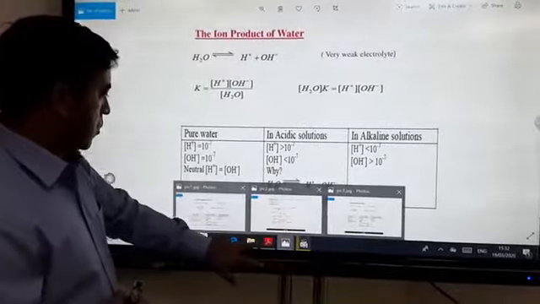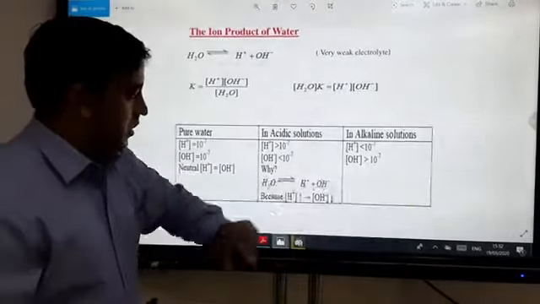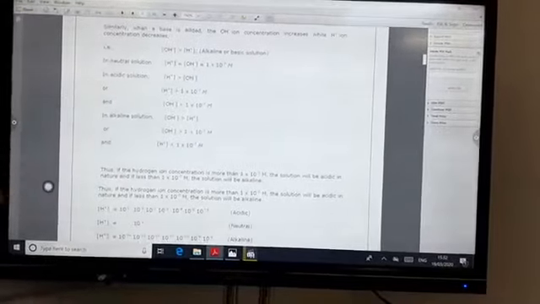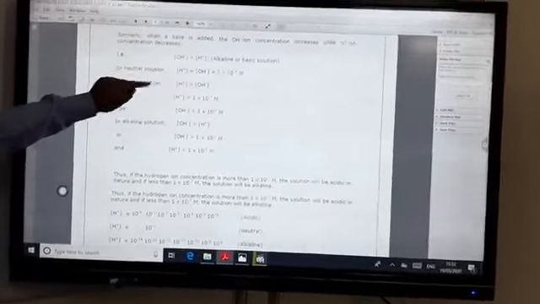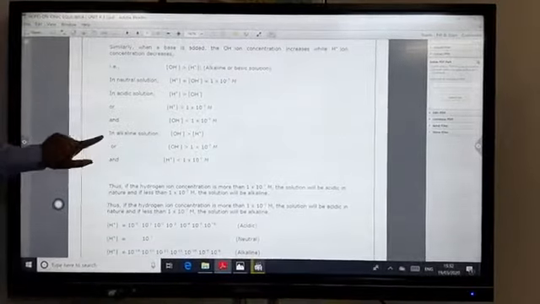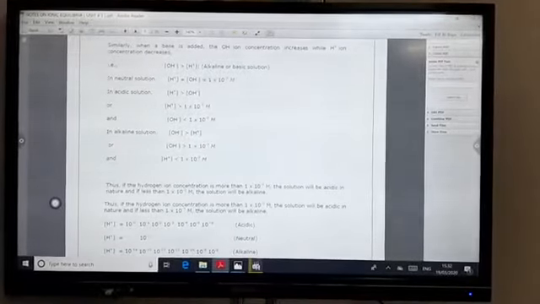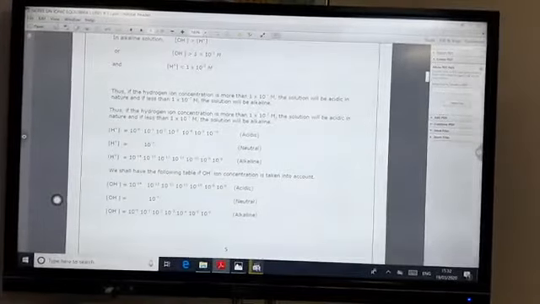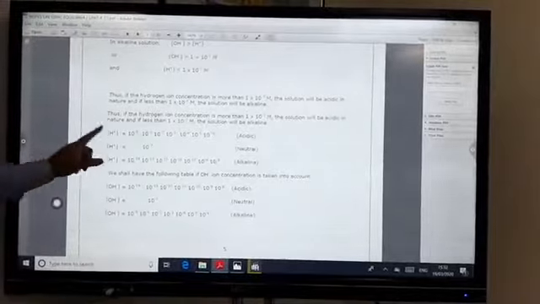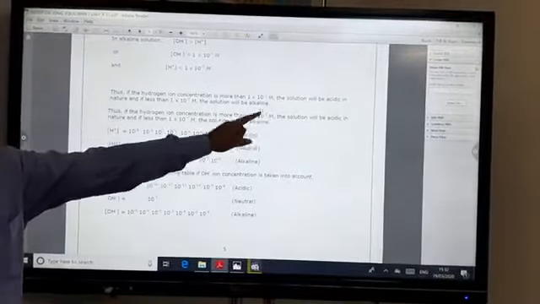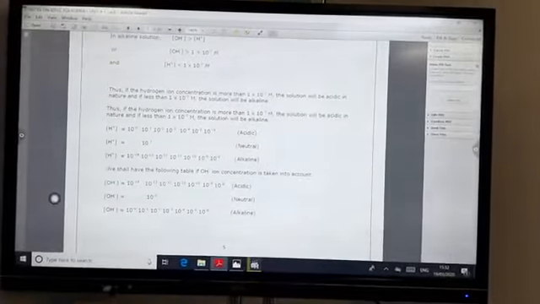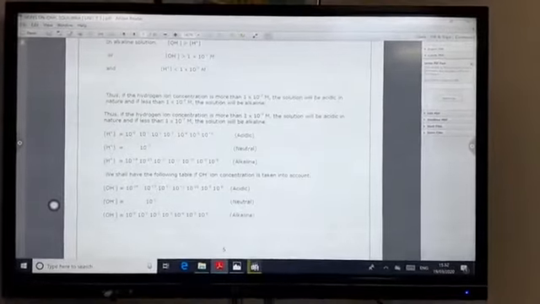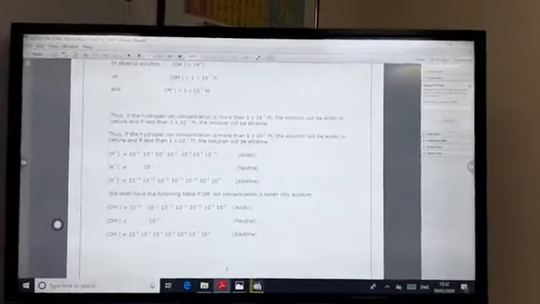If you want to define the concentration for both in neutral, acidic, and alkaline or basic solution, in the neutral solution the concentrations are the same, 10 raised to the power minus 7. Thus, if the hydrogen ion concentration is more than 10 raised to the power minus 7 molar, the solution will be acidic, or if less, the solution will be alkaline.